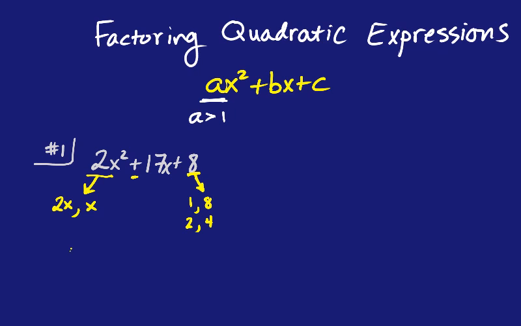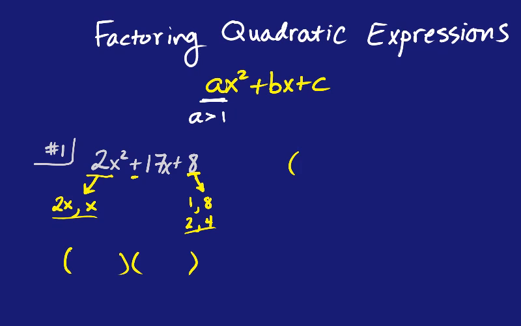Now what you want to do is write your binomials and create a combination of the factors of the first term and factors of the last term, so that if you FOIL it out, it would equal your original problem. I'm going to do my work off to the side.